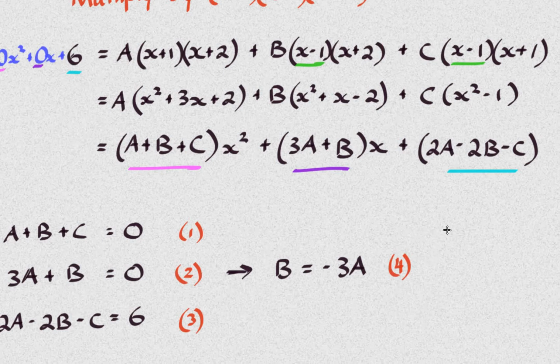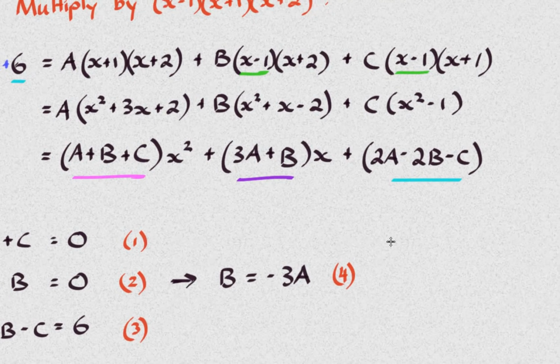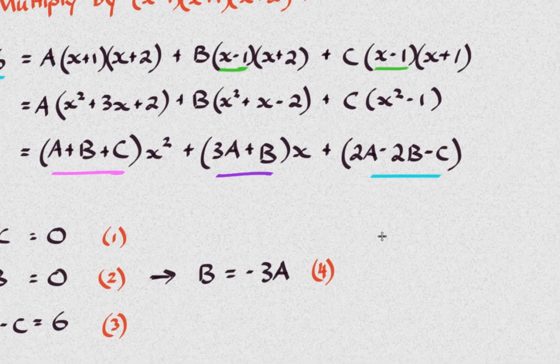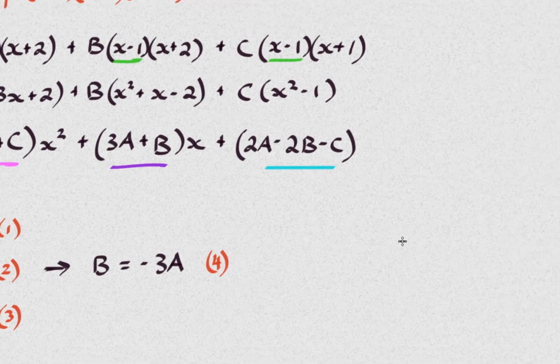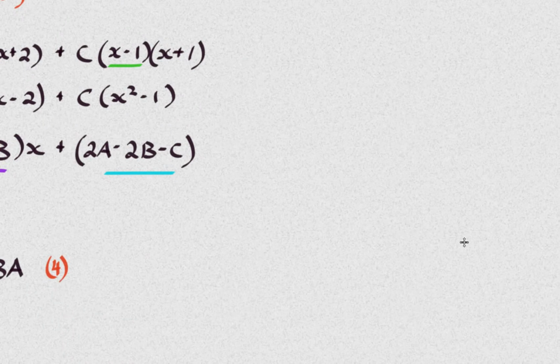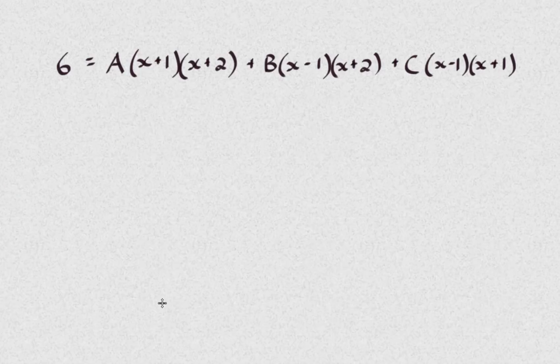let's come off to the side here. If we set x equal to 1, what happens? Well, the 1 minus 1 here and the 1 minus 1 here means that both of these terms just go to 0.